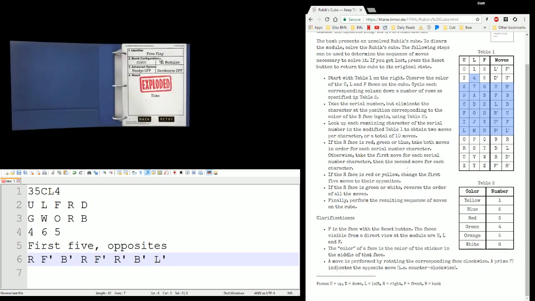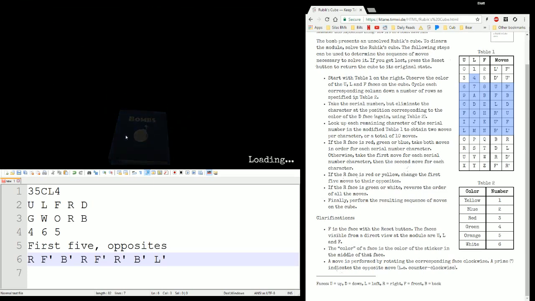So long as you get to a completed Rubik's Cube, it's fine. The catch is, in my opinion, with the way it rotates on the bomb, it's a little tricky to go through these steps and actually solve it as a Rubik's Cube without a little more mobility.